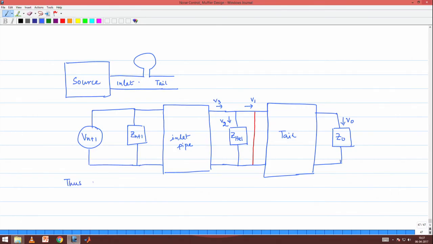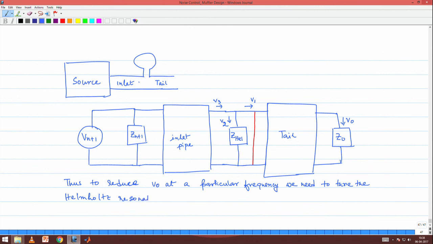Thus, to reduce V0 at a particular frequency, we need to tune the Helmholtz resonator such that its resonance frequency coincides with this frequency.